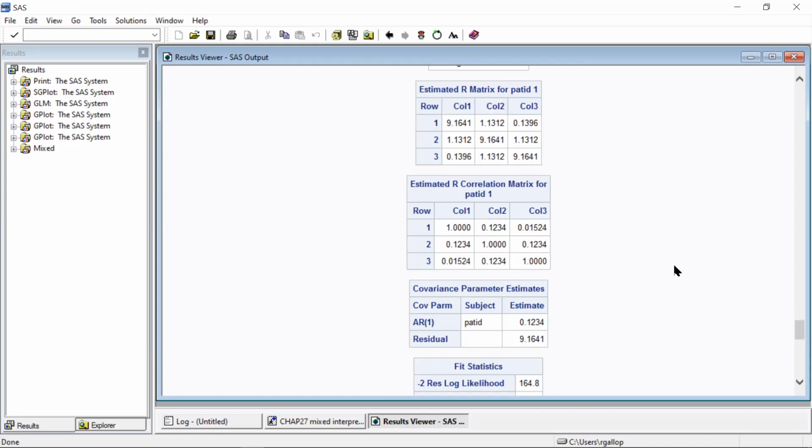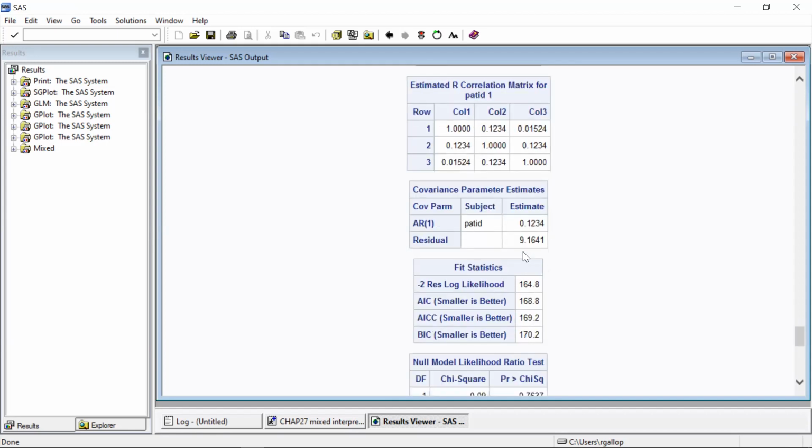So that's what we got right there as we start moving forward. This is showing us the estimates of the variance covariance matrix, right? 9.16, 0.1234.